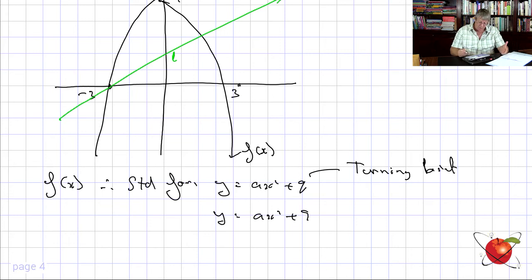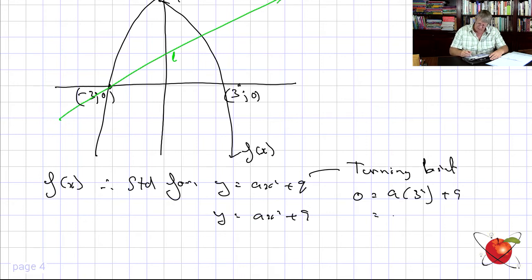That was easy. Next step, what else? Oh, they've given us these coordinates here. Write them down properly, because if you did, you'd have said that's 3 and 0 and minus 3 and 0. So you've got a coordinate, so let's try it. Let's put in x of 3: y of 0 equals a times 3 squared plus 9.